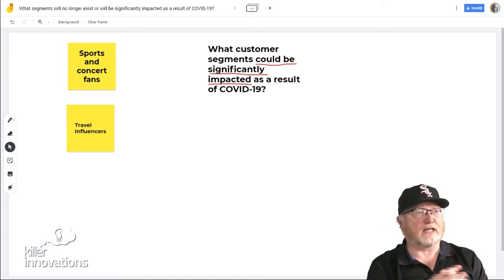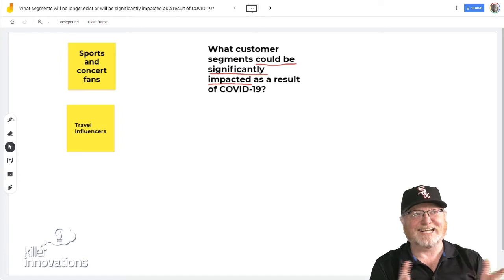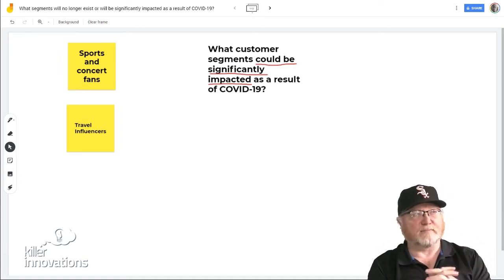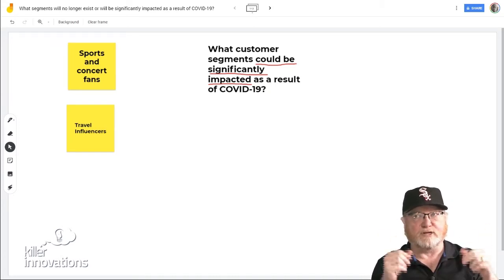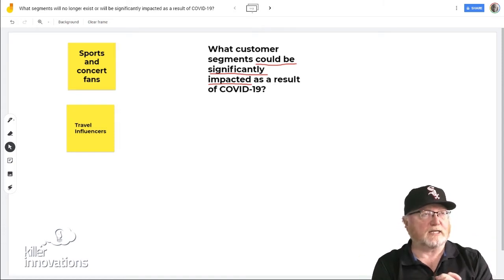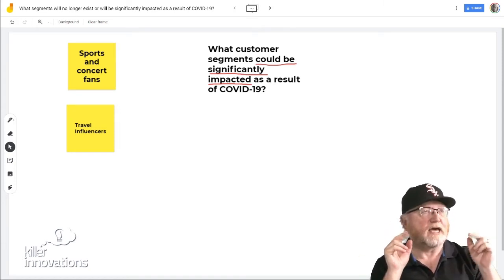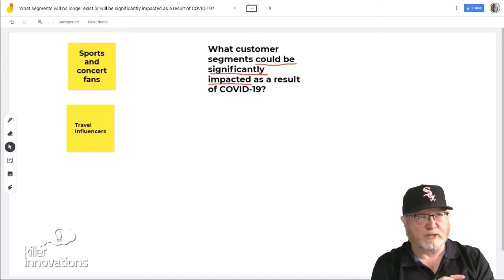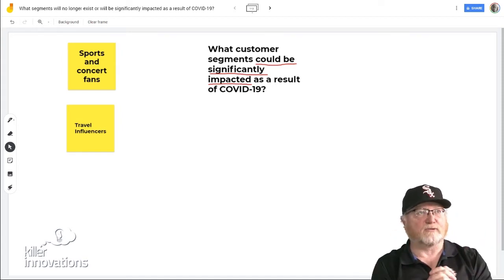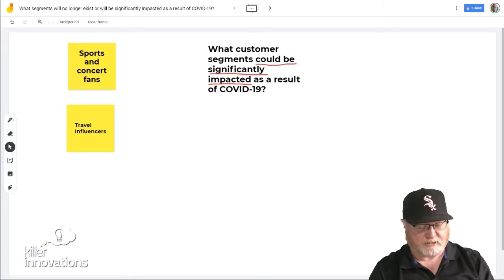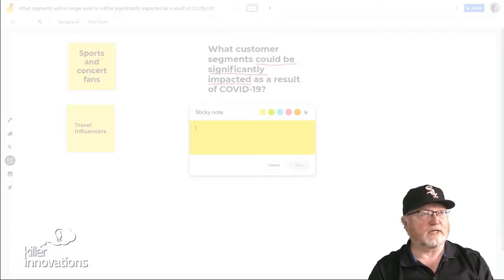There's been a little bit of backlash against travel influencers anyways over the last handful of years, where Instagram or YouTube big names are getting slammed for wanting free travel in order to, hey, I'll mention you on my blog or I'll mention you on my Instagram or whatever. So I think travel influencers just generically are going to become an issue.